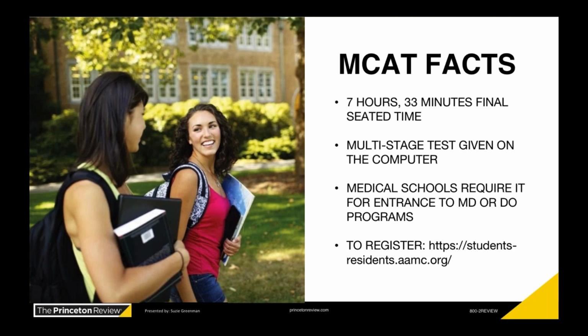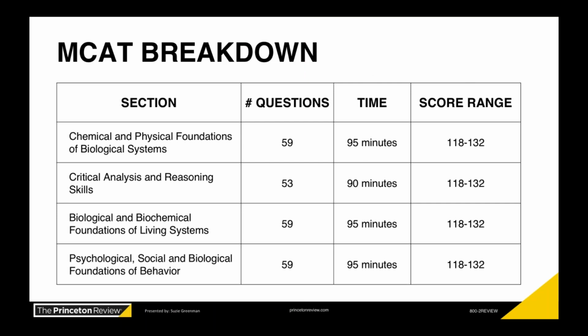You have fingerprints and metal detectors whenever you go in, and almost every medical school in the United States, Caribbean and Canada requires it for entrance into both MD and DO programs. The total seated time is about 7.5 hours, but that does include breaks, which you can end early or skip entirely.